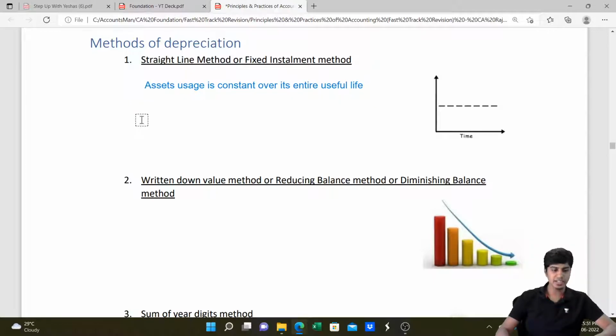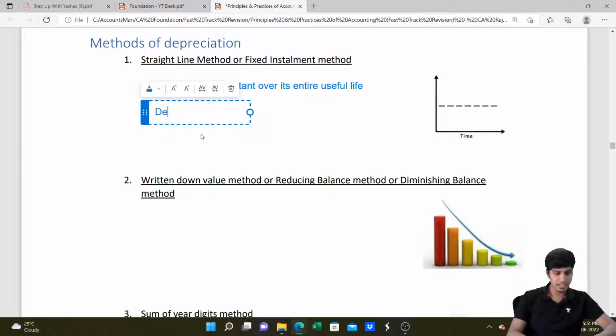Under the straight line method, depreciation is found like this. Depreciation is the cost of the asset minus scrap value of the asset, divided by the useful life of the asset.